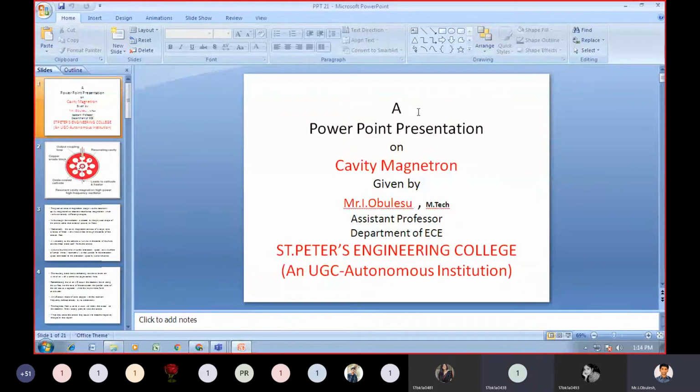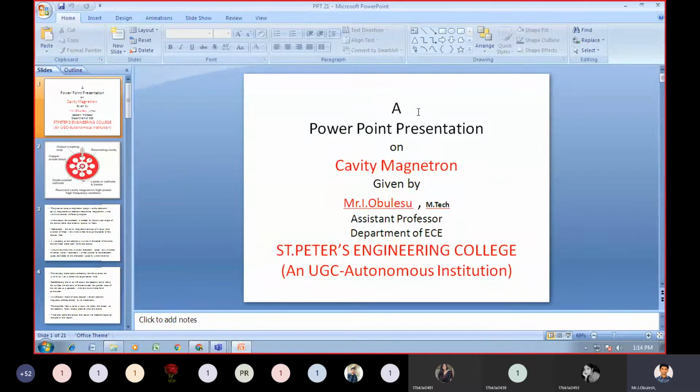Good afternoon, everybody. Today we are going to start the cavity magnetron. The great advance in magnetron design was the resonant cavity magnetron, or electron resonance magnetron, which works on entirely different principles.